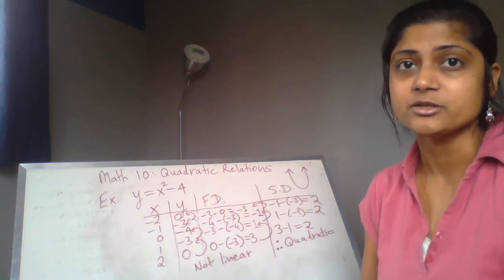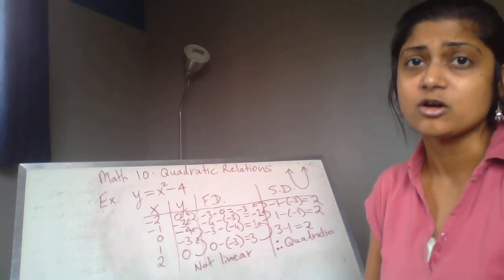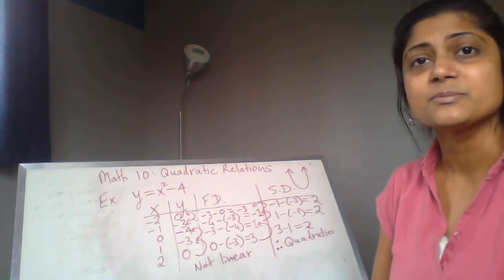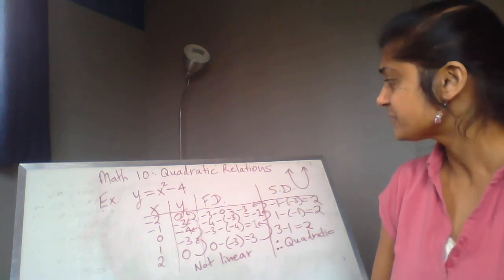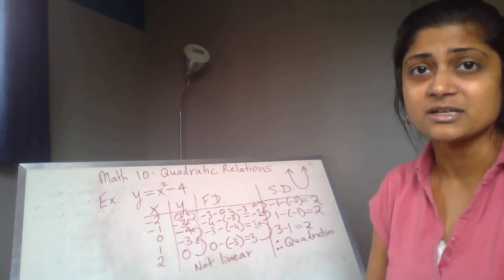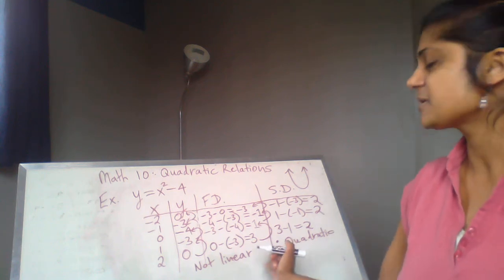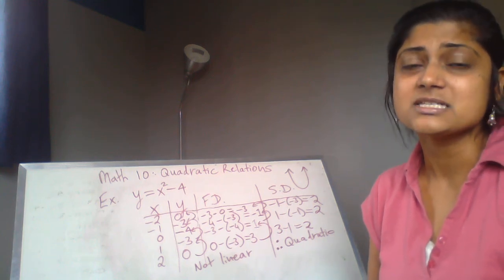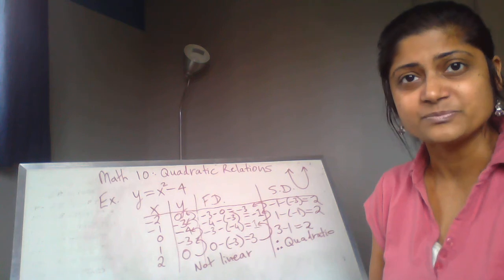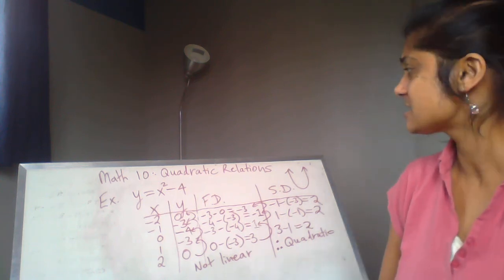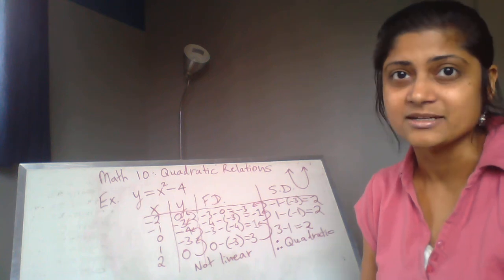If it's not linear, I'll see that all the first differences are different. I will move on and extend my table to make a second difference chart, and I'm going to take my first differences, subtract them again. And if I notice that all the second differences are the same, that means that this is a quadratic relation.